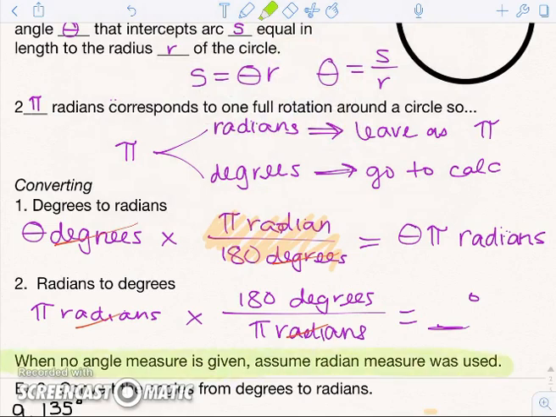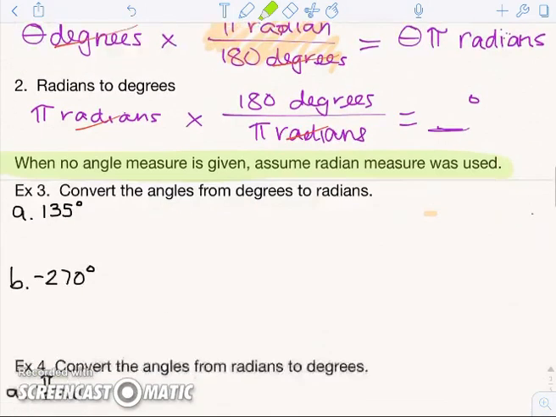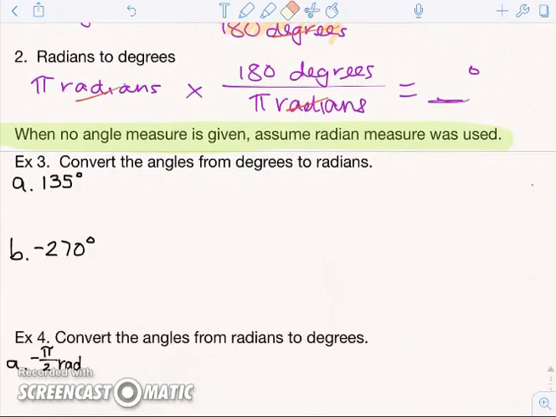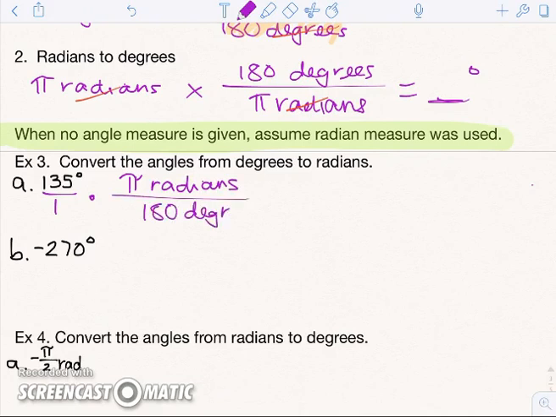So that's key. All right, so if I'm going to convert some angles, what I need to do is keep in mind that conversion factor. So I have 135 degrees that I'm trying to convert to radians. So 135 degrees, if I put that over 1, I'm going to multiply by, I want to be left with radians, so I put radians on the top. Pi radians is equal to 180 degrees, which I can also just write as this, if that's easier for you.